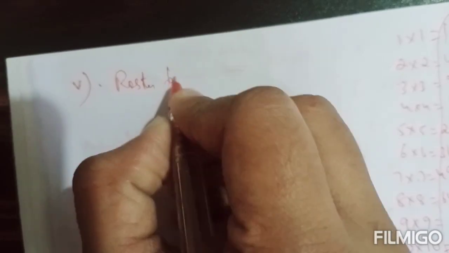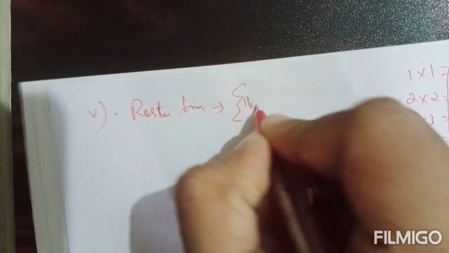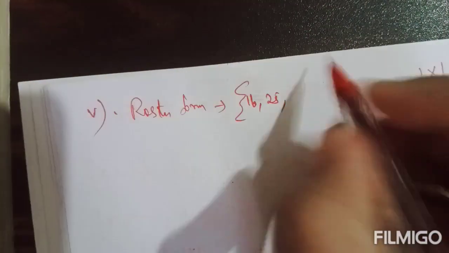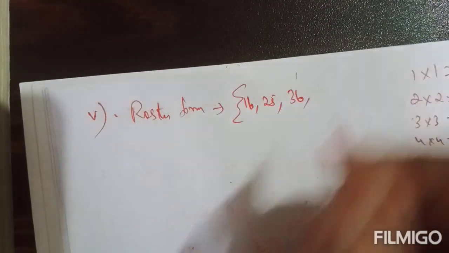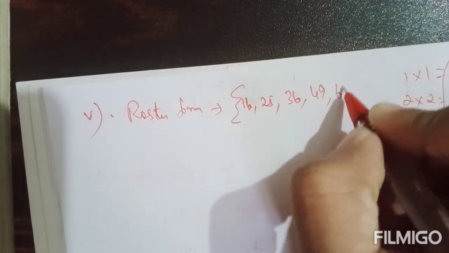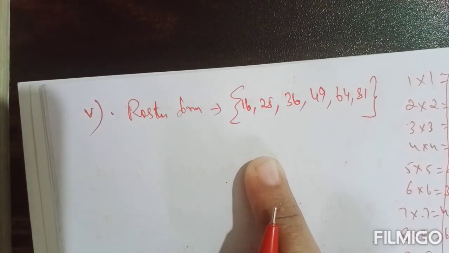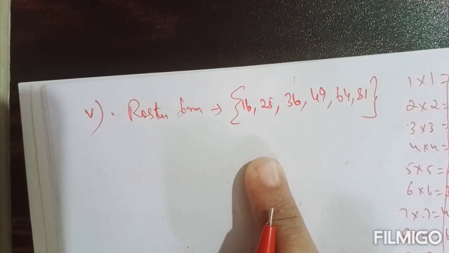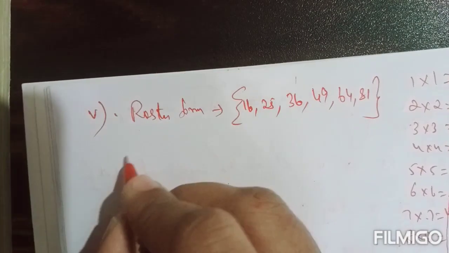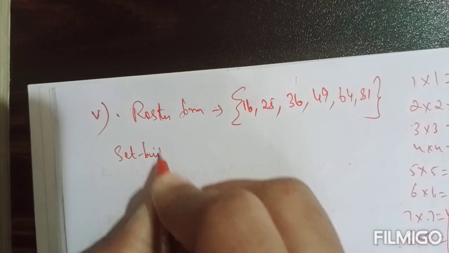So you can write that in set. Roster form we are writing first. Which all numbers will come? 16, 25, 36, then 49, 64, 81. Okay, so these are the 2-digit numbers that are perfect squares. Now we can write in set builder form.